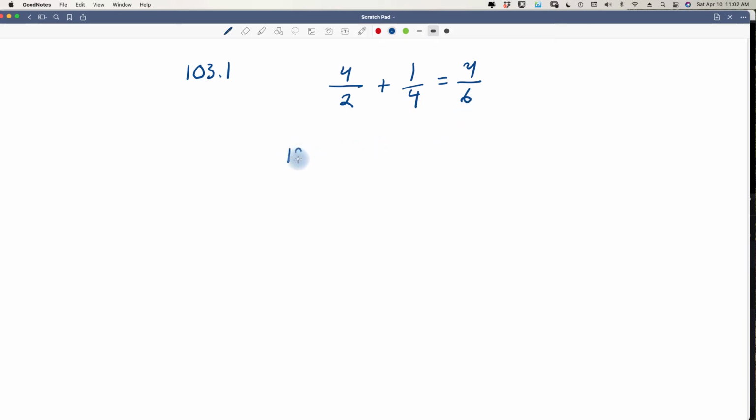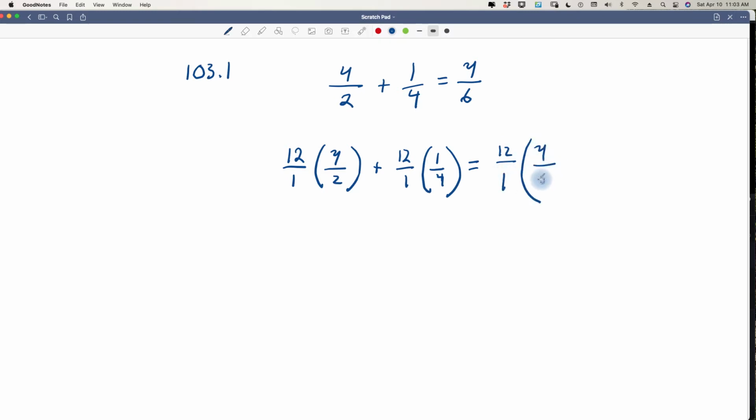We're going to say 12 over 1, that's a whole number, times y over 2 plus 12 over 1 times 1 over 4 equals 12 over 1 times y over 6. Okay?